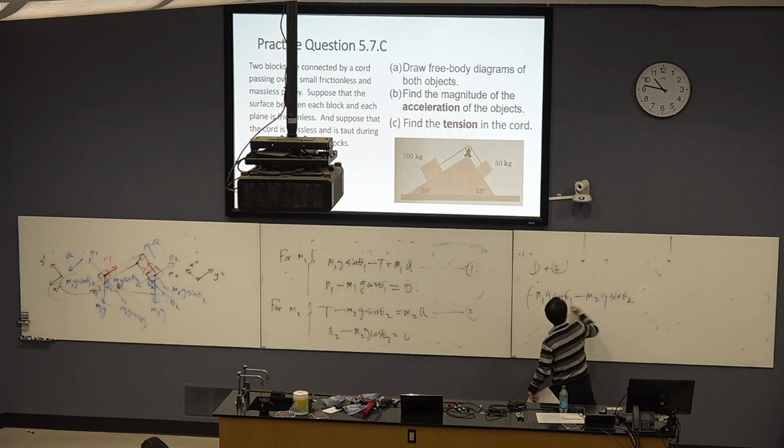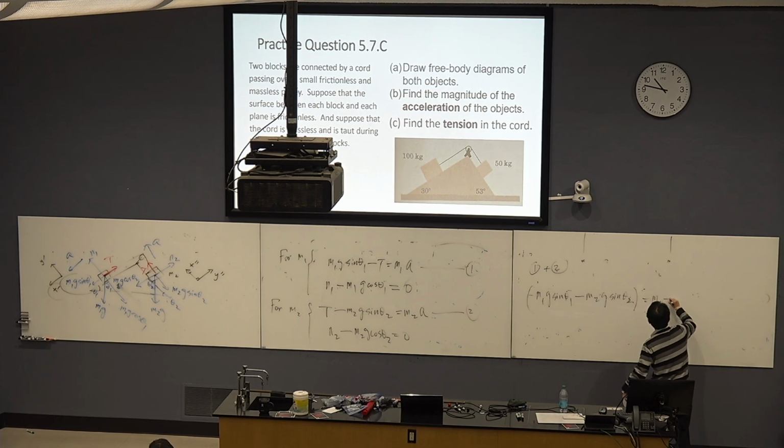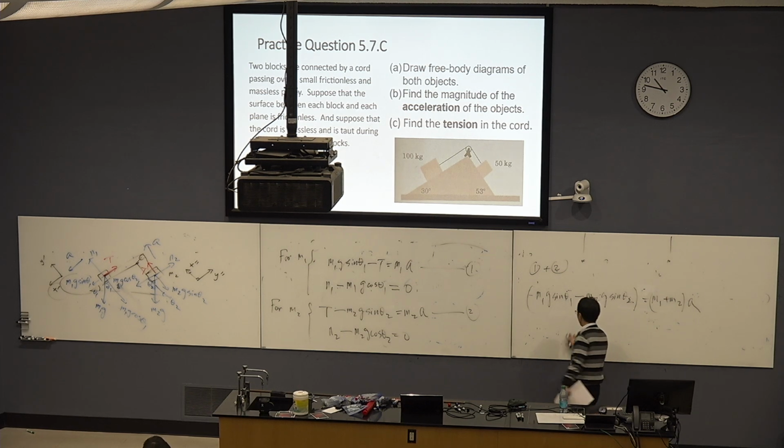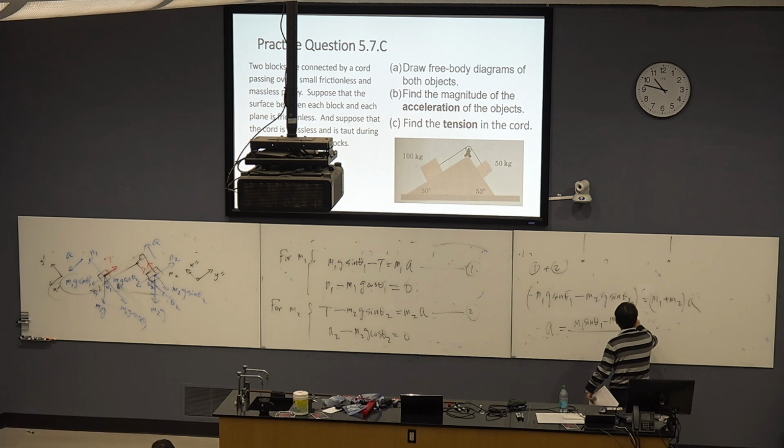This thing will give you M1 plus M2 times a. And what is a? Now you will see a will become this, M1 sine theta 1 minus M2 sine theta 2 divided by M1 plus M2, this ratio times g. That's it.